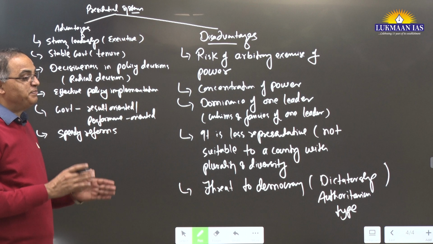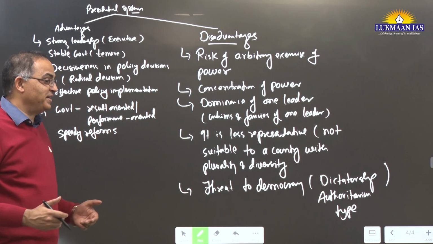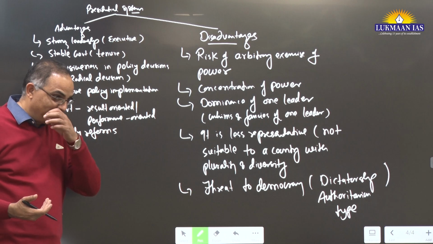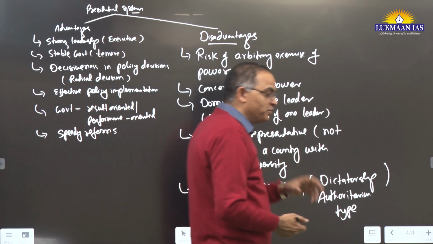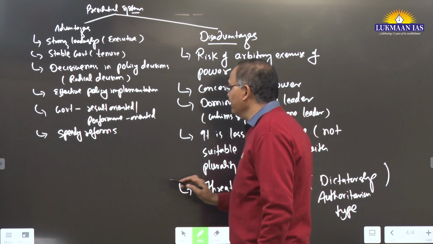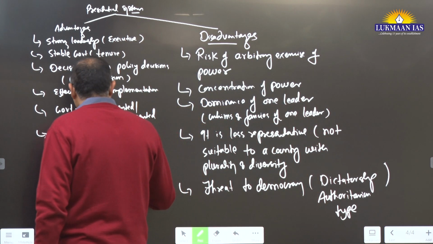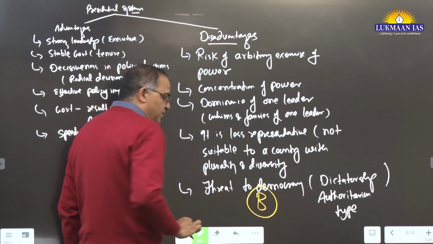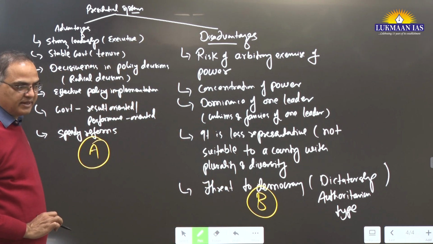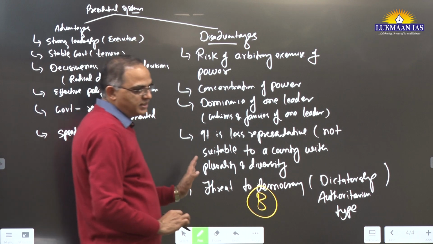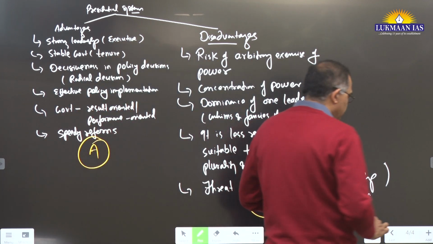And now we are saying that parliamentary democracy has advantages. Has it worked? So we will have to compare. When we compare, we have to write two things. Let me write it as A and B for our convenience, and we'll compare. So that is the presidential system, advantages and disadvantages.